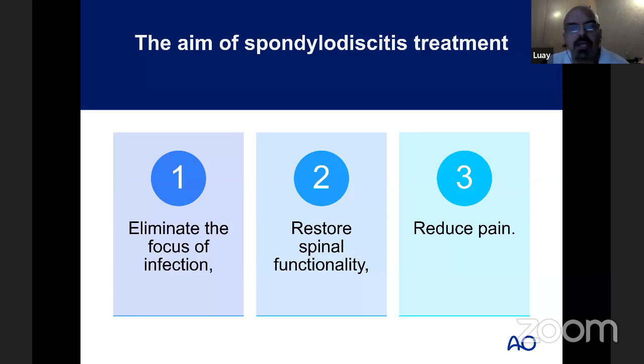What is the aim of spondylodiscitis treatment? We can divide it into 3 parts: elimination of the focus of the infection, second, restoration of spinal functionality or stability, and finally, reduce pain.